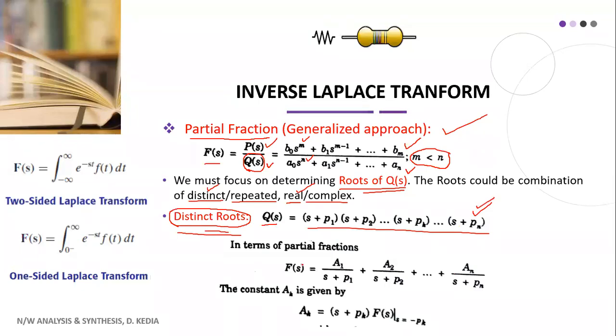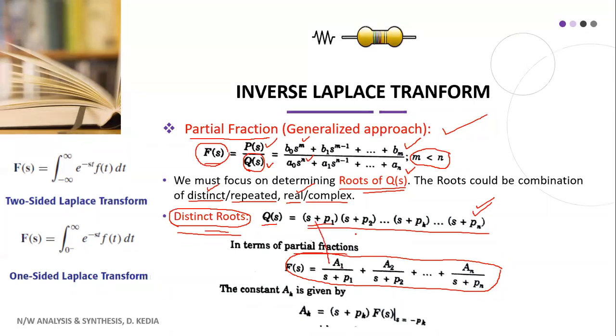Now partial fraction means we have to split or represent this F(s), that is P(s) by Q(s), like this. We have to express F(s) as A1 by (s plus p1), where A1 is some constant we do not know right now, plus A2 by (s plus p2), and so on up to An by (s plus pn). Look at the denominators carefully: all are separate, distinct roots.